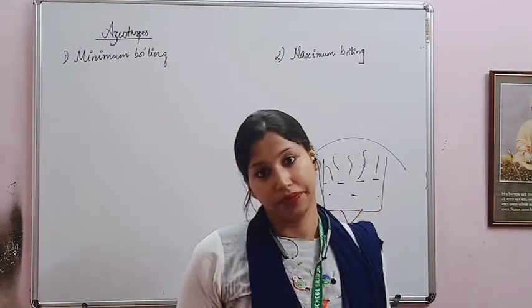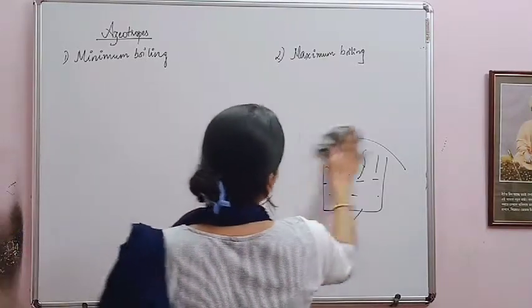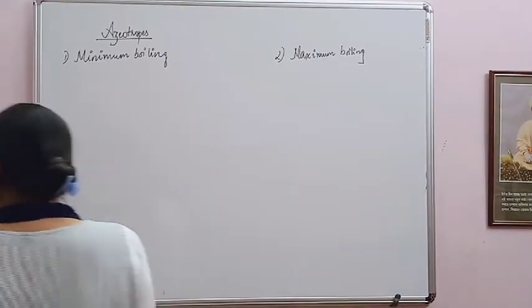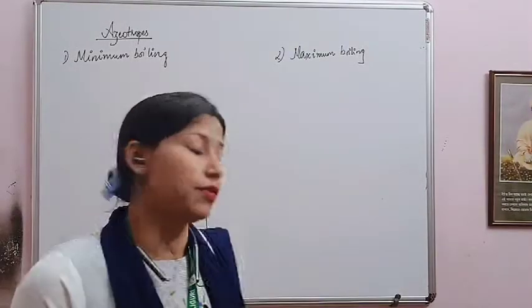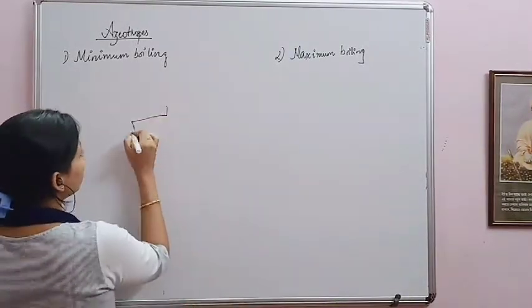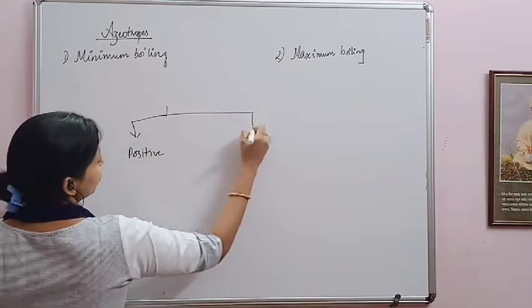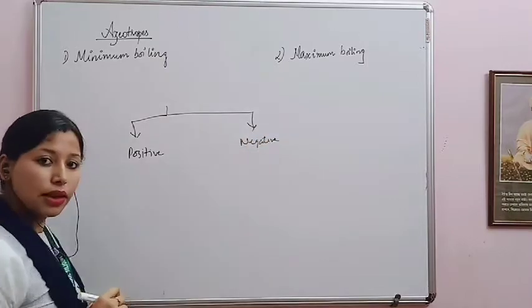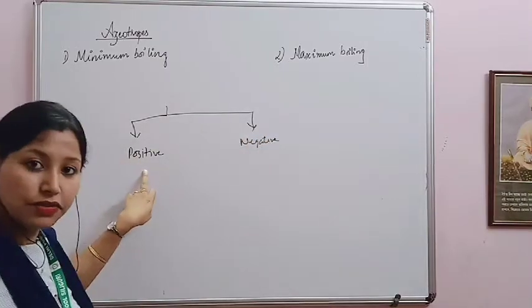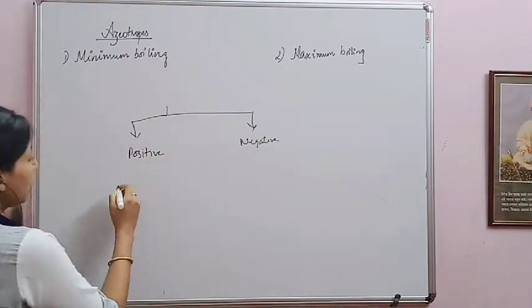at that point your liquid will start to boil. Clear? Now, we have seen that non-ideal solutions show two types of deviations. Number one, positive deviations, and number two, negative deviations.